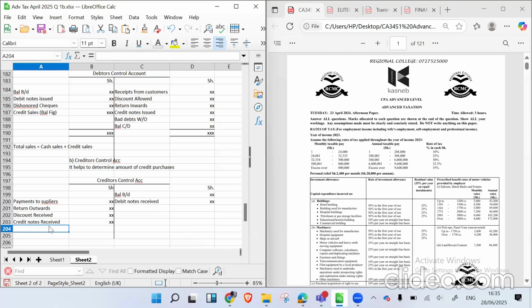And of course, at the end of the day, we have balance carried down, and the balancing figure becomes credit purchases.